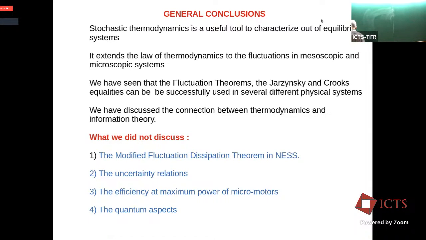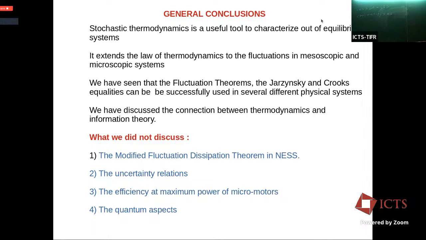As I've already shown in the other slides, I can write that the mean work done by the system is larger than delta F minus I. And this is coming from the Jensen inequality, that tells you that the mean of exponential minus delta mu plus delta F minus I is equal to 1.